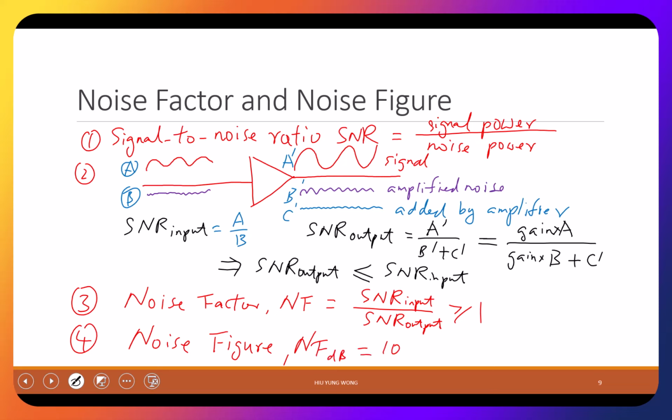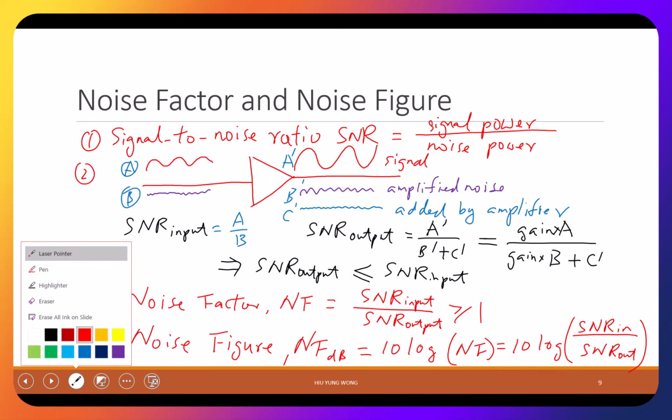It's just equal to 10 log of the noise factor, or more specifically, 10 log of the signal to noise ratio at the input divided by the signal to noise ratio at the output. Basically, they are the same, except the first one is just a numerical ratio. And here, we just take the log and multiply by 10, to make it into dB.